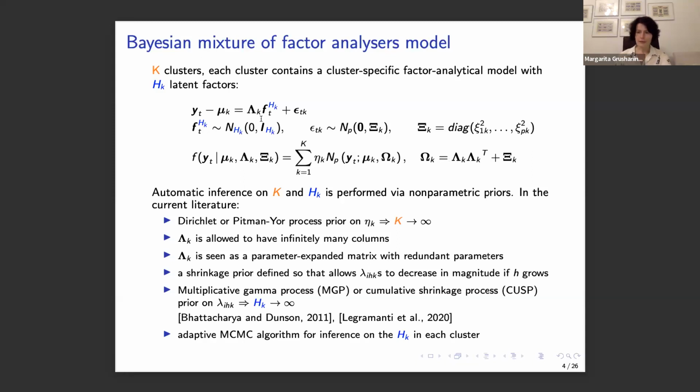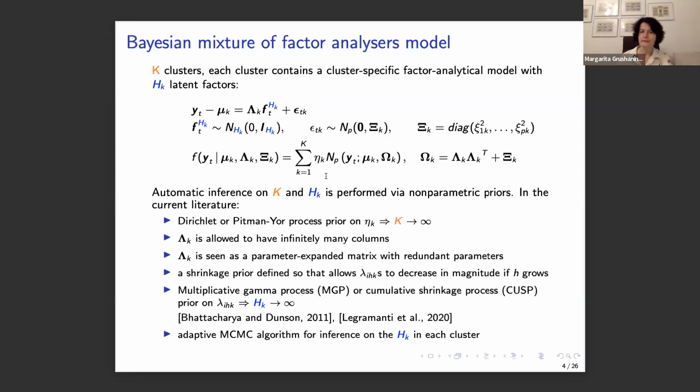In the literature, there are such models which allow us to automatically derive the number of clusters in such data sets, and also automatically derive a varying number of factors. Usually such models assume a non-parametric prior on the weights of the components in the mixture, which assumes that the number of clusters can potentially go to infinity.